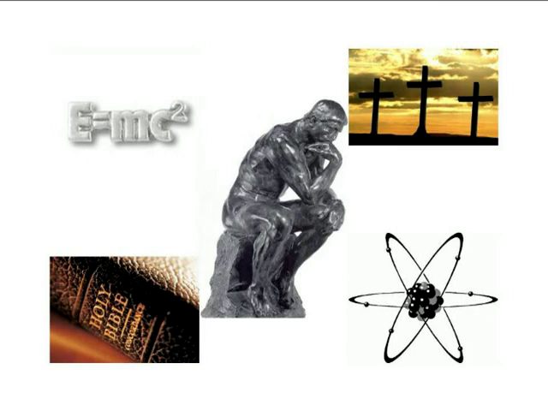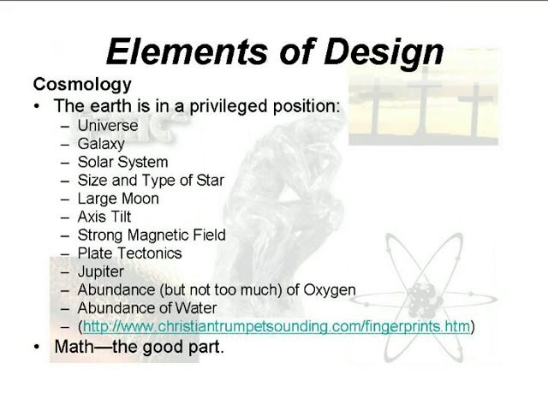So that probability is going to be the mechanism behind our next argument, and it's elements of design from cosmology. The Earth is a privileged planet in the cosmos. It's a very privileged planet. And there are several things that are needed for the Earth to be able to have life, to sustain life.